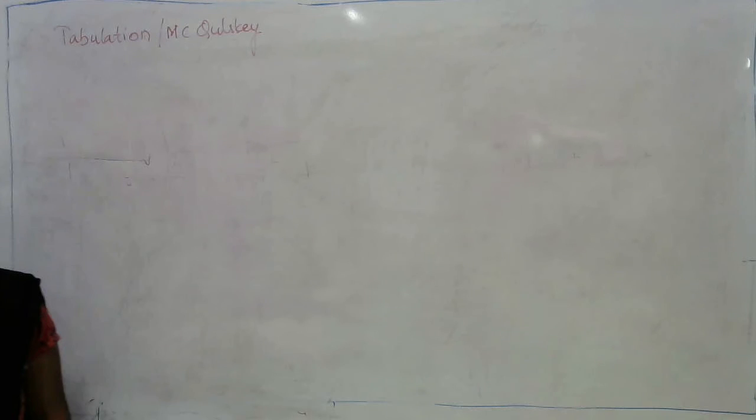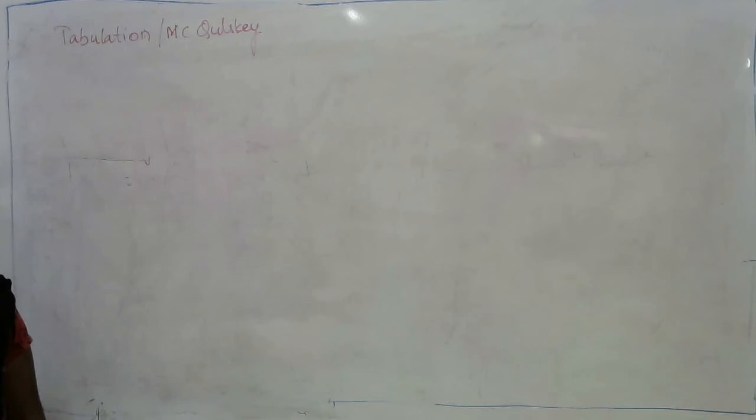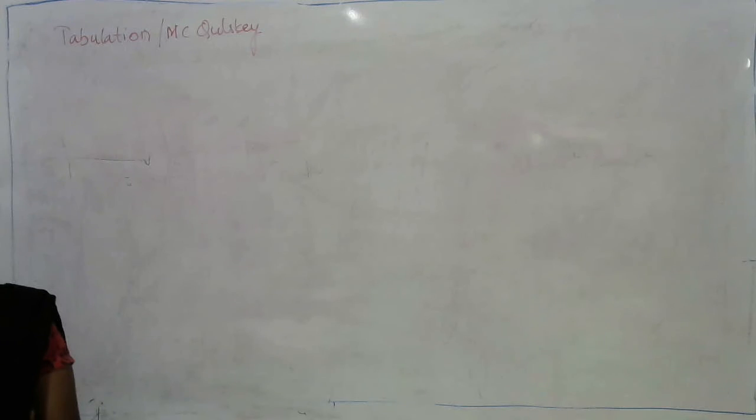In order to understand this concept of the tabulation method, instead of using a 5 or 6 variable K-map, let us first understand the complete description of the tabulation method by using only 4 variables. The same process can be applied to 5 variables or 6 variables.